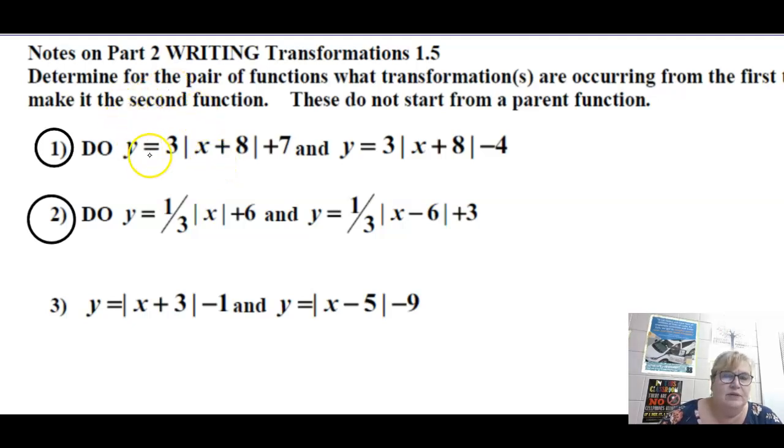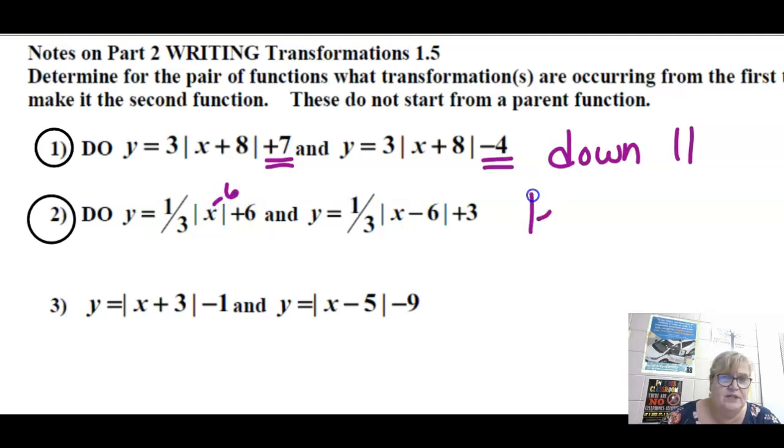It's not quite this complicated, but it says what transformations are occurring from here to here. See, this only has one thing that changed. It was up 7 and now it's down 4. So to go from up 7 all the way down to -4, it slid down 11. This one, the 1/3 stayed the same, but in here it went -6, which would be left 6.